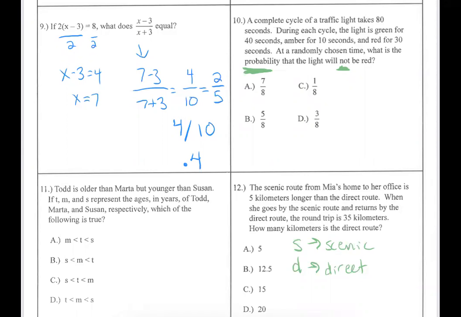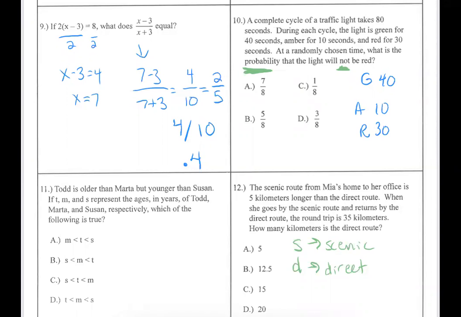For number 10, cycle of a traffic light, 80 seconds, and we have green for 40 seconds. So I would just kind of translate this as I go. Green for 40 seconds, amber for 10 seconds, and then red for 30 seconds. And go ahead and verify that that adds up to 80. And at a randomly chosen time, the probability that it will not be red.